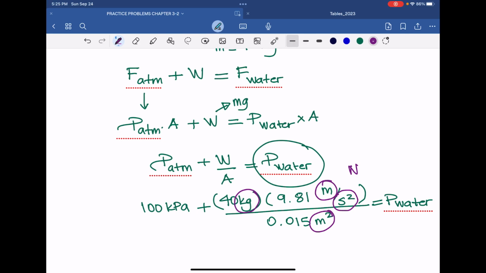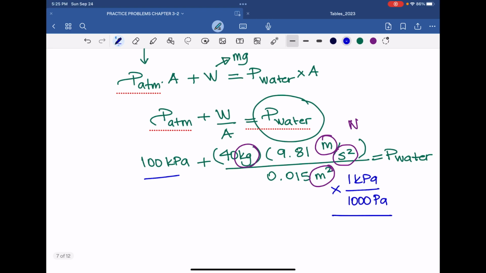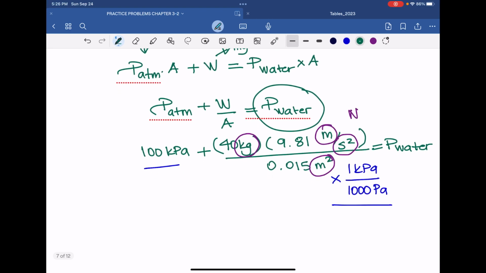We know that 1 kilopascal is 1000 pascal, so we should multiply this with 1 kilopascal, 1000 pascal. Basically, you divide it by 1000 before you sum those terms up, because they need to be in kilopascal both.